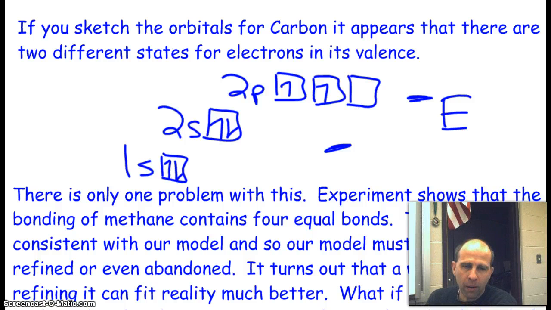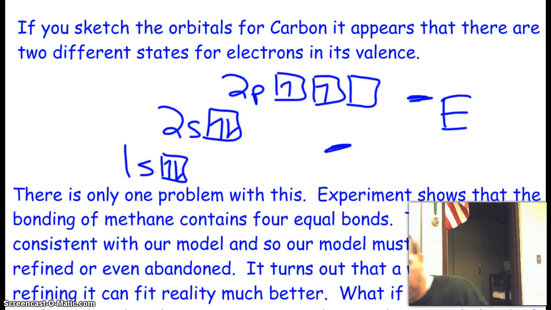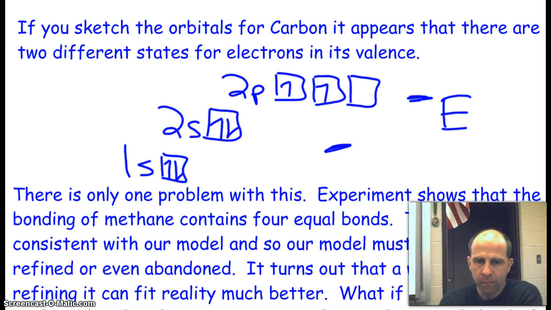So anyway, before I get interrupted there, that really you have some paired, you have some unpaired, you have some in the 2s, which are a little lower in energy, some in the 2p, which are a little higher. The only problem with this is that if you look at methane, which we have drawn a few times, let me grab that here. I've got one of the little ball and stick models, the tetrahedral shape here for methane.